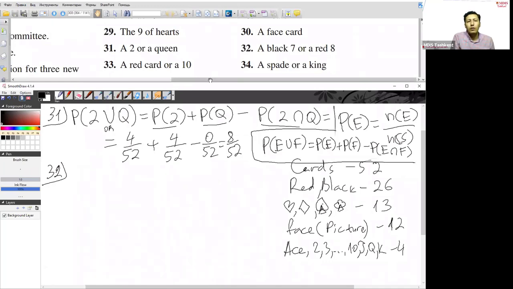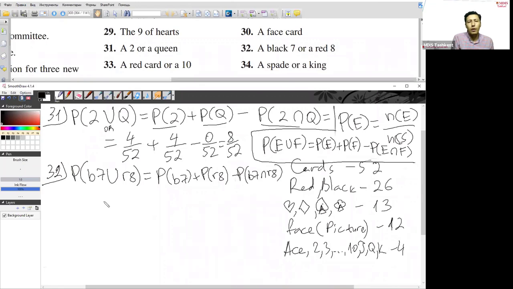Number 32, probability of getting black 7 or red 8. Again we use the second formula. So black 7, red 8. Instead of E and F, we substitute these two: P(black 7) plus P(red 8) minus P(black 7 and red 8).